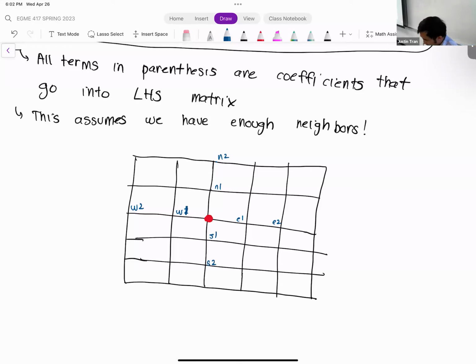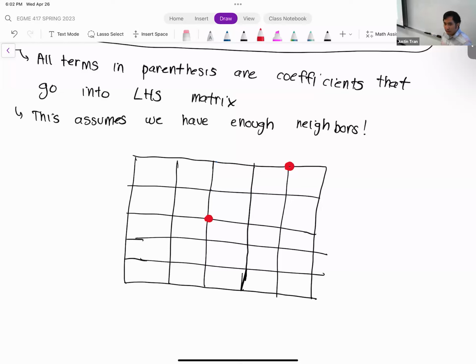Okay. Let's look at another node, this node right here.